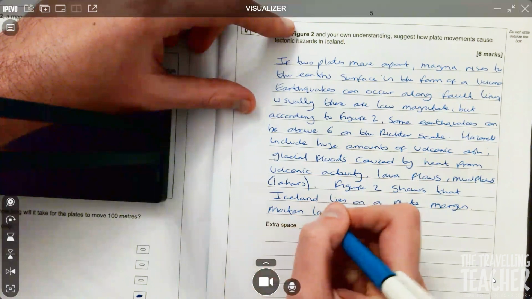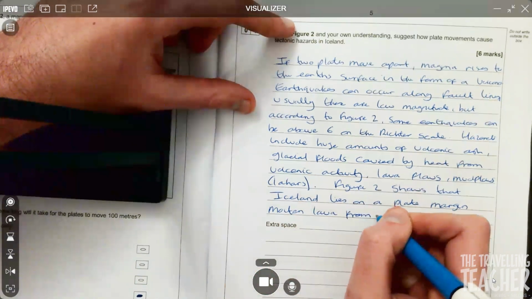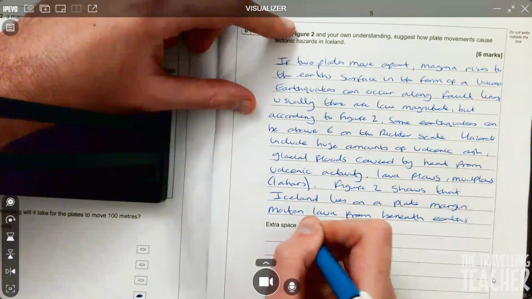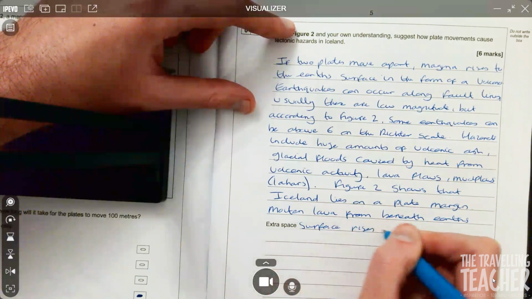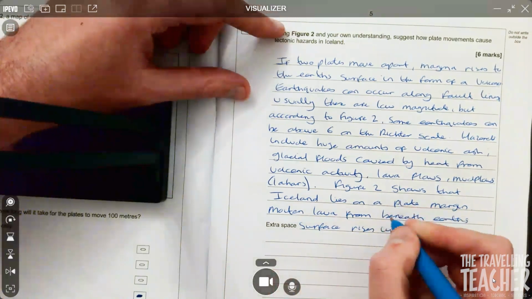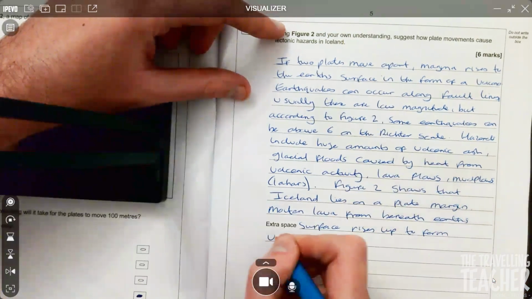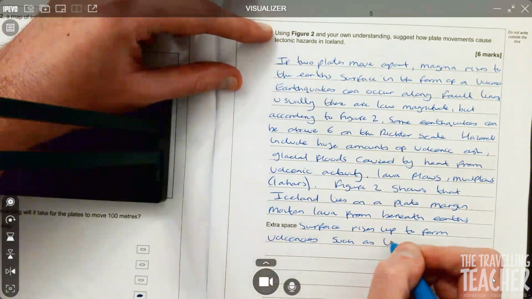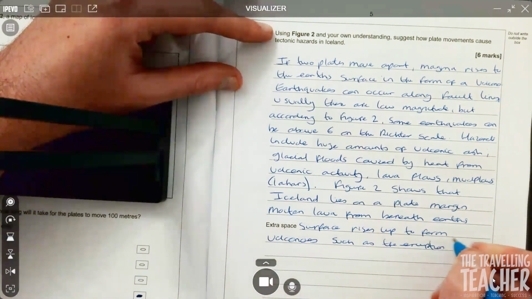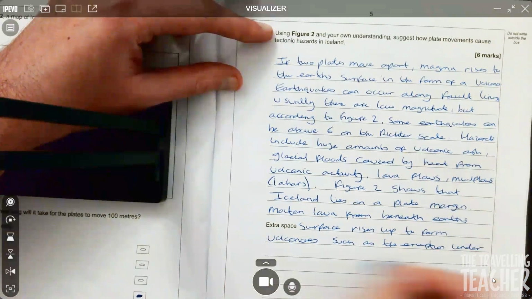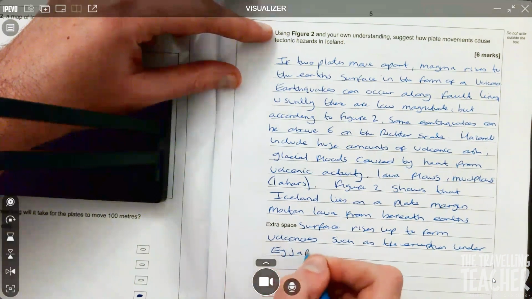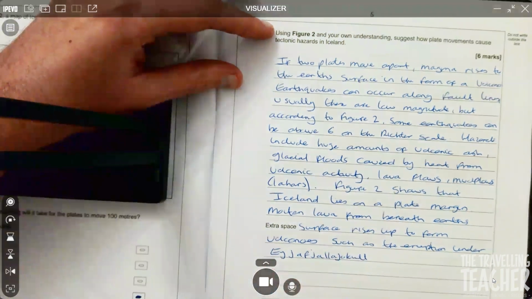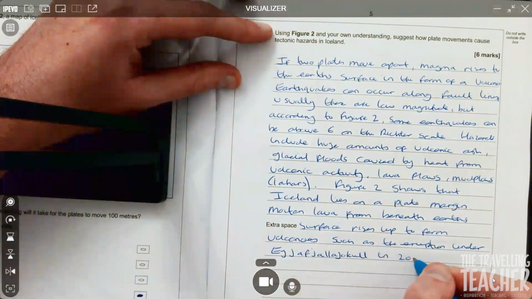Molten lava from beneath the Earth's surface rises up to form volcanoes such as the eruption, good luck with the spelling on that one. I was referring to the volcano in 2010.